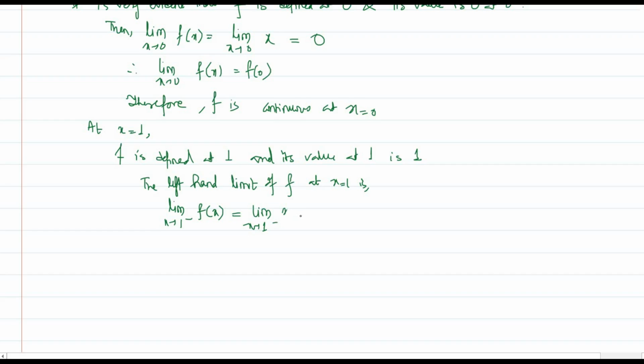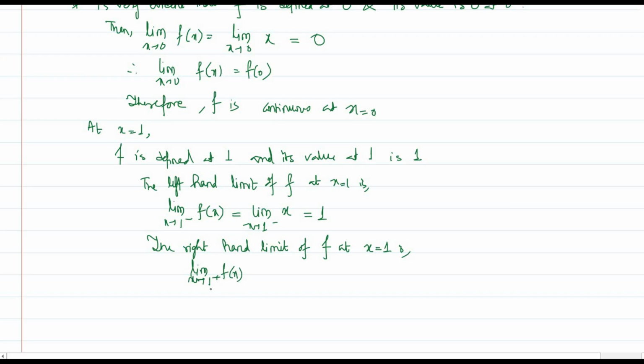So the definition of the function is x itself, that is equal to 1. Now the right hand limit of f at x equal to 1 is limit of x tends to 1 plus of f(x).